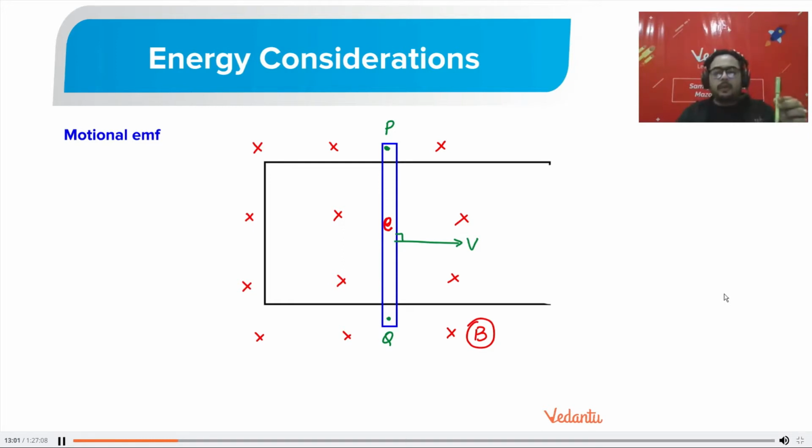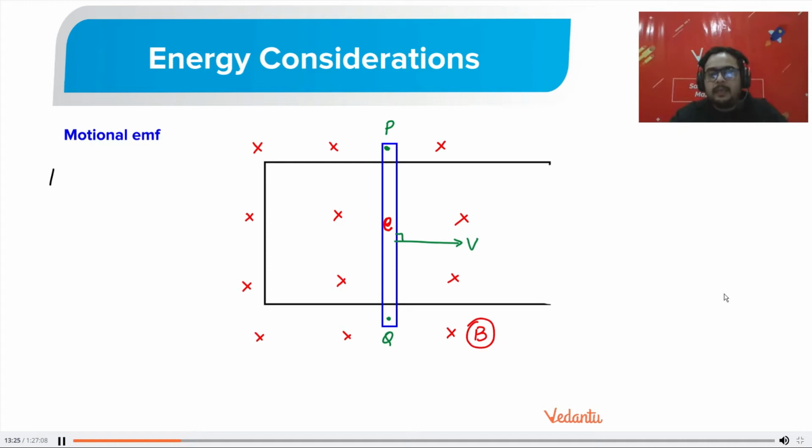Now if the rod is moving in the magnetic field, I can say the electrons inside the rod are also moving in the magnetic field. Am I correct? Now just tell me, does a magnetic field apply any force on a moving charge?